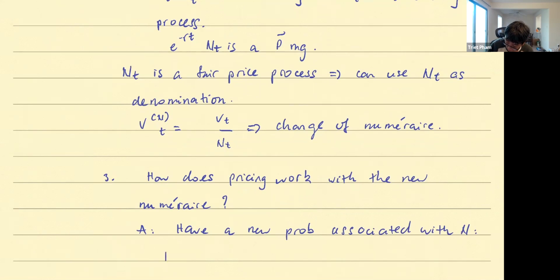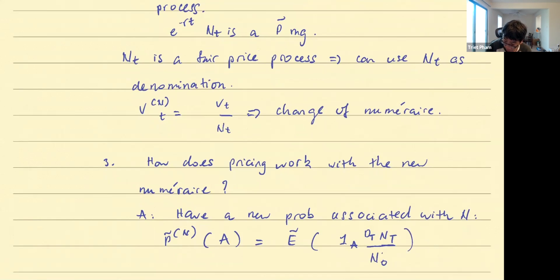In other words, the new one is defined from the old one: the probability of something is the expectation under the old one on that set, but do this.